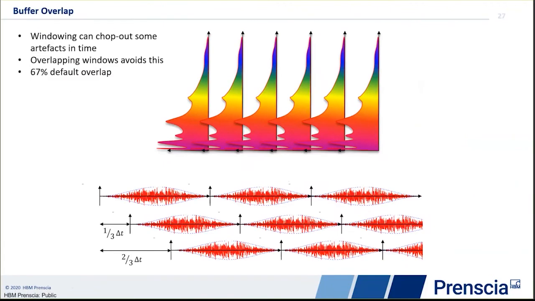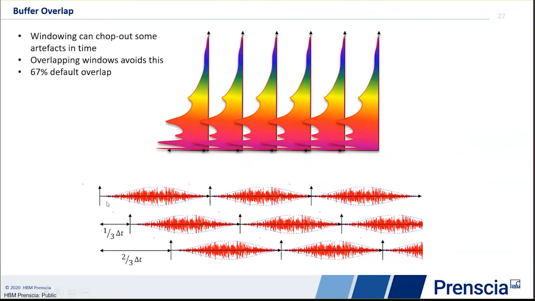Now, what about buffer overlap? When using windowing functions, there is another effect, because they attenuate a large portion of the signal, so it is easy to miss some features. The reason is that we have multiplied them with a very small number. To avoid this kind of problem, we use buffers that overlap together.